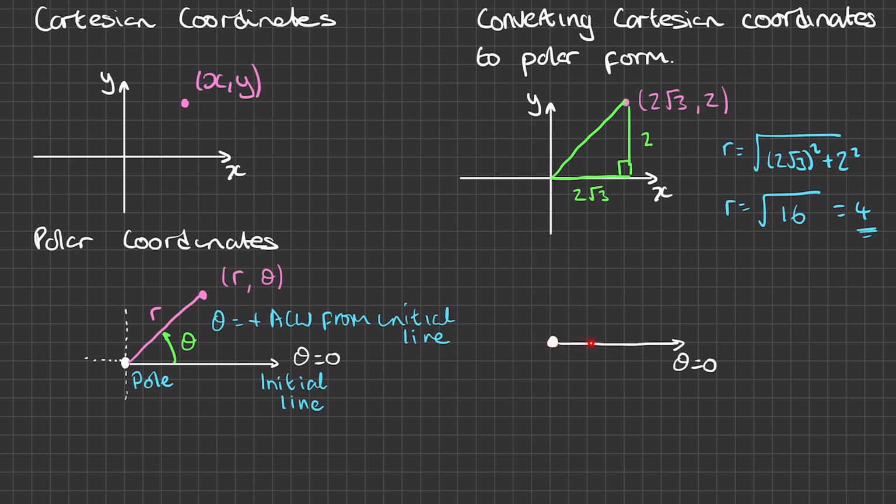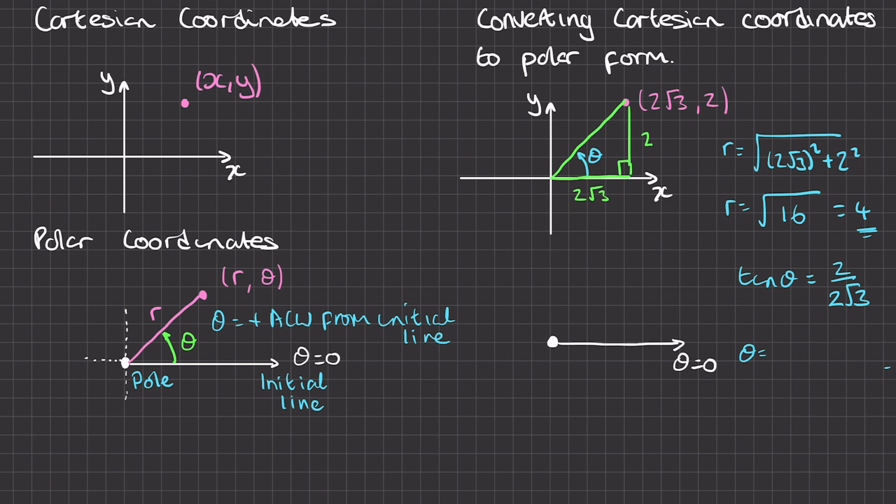But theta travels anti-clockwise from this initial line. So what we need to find out is this angle here. Well, now we can use trigonometry, where the tan of the angle theta will be the opposite 2 over the adjacent 2 root 3.